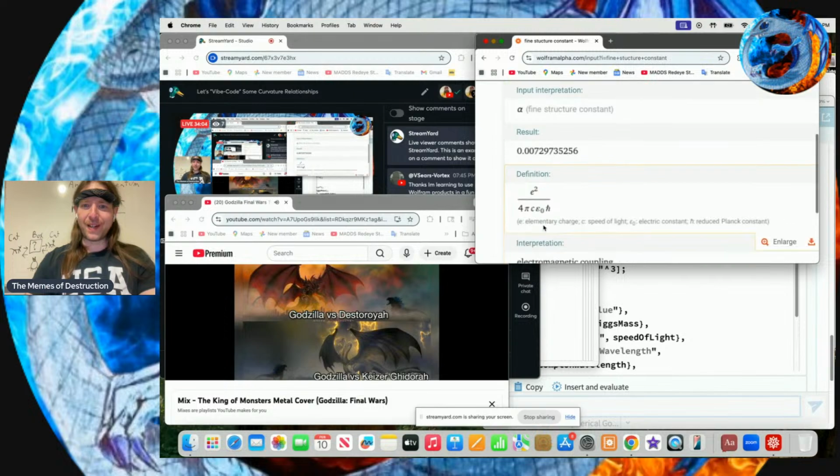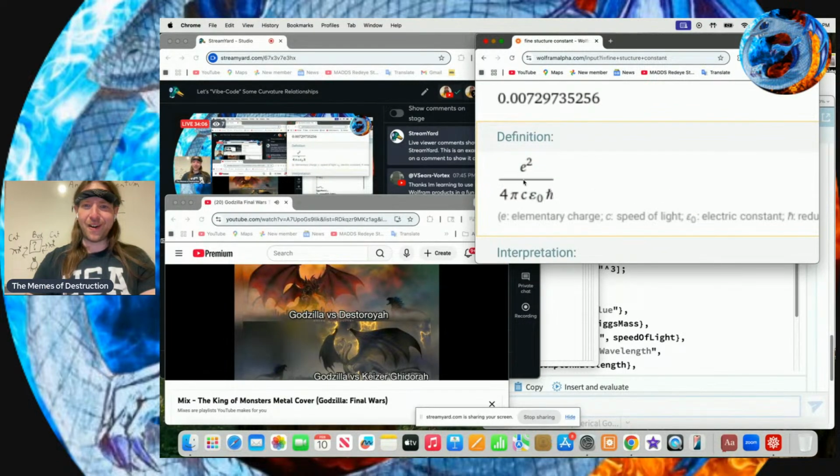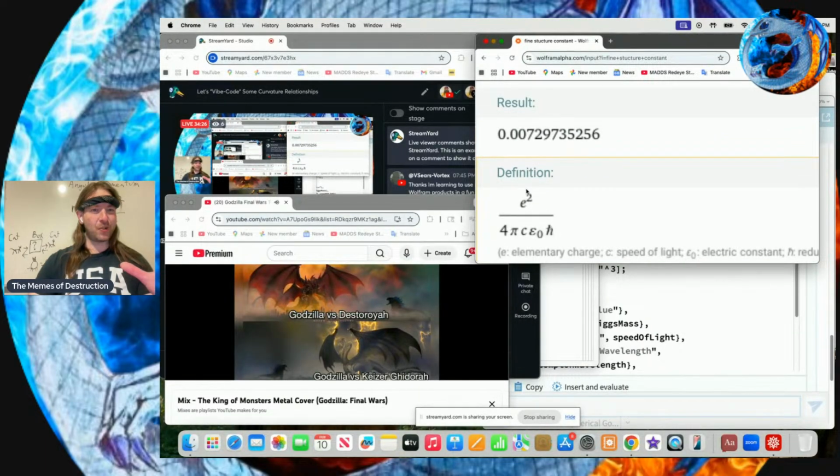I misspelled it. Okay, so it's got this definition here: elementary charge over 4 pi c epsilon naught h bar. So elementary charge divided by a sphere, going at the speed of light times the electric constant times the elementary unit of action, gives us this dimensionless number.